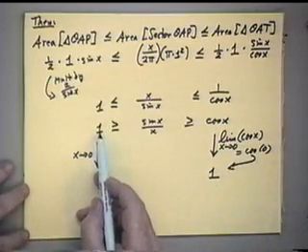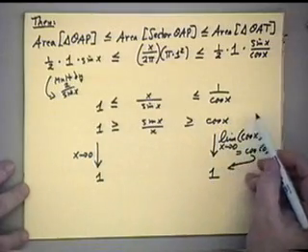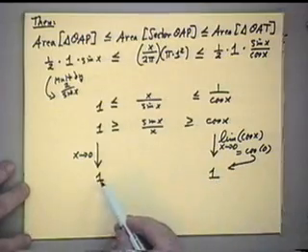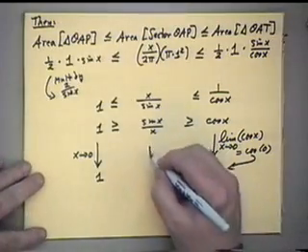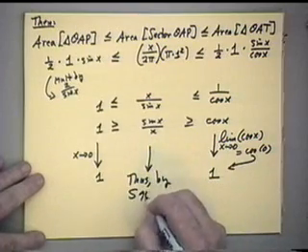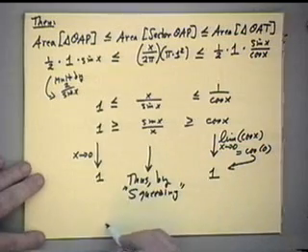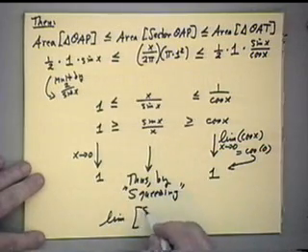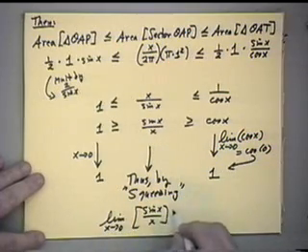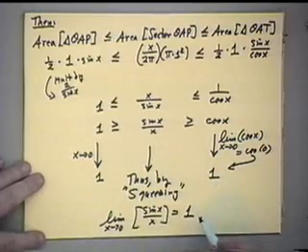Now, if you think of this left-hand side as the g of x from the original theorem, and this side is the h of x, then we have this f of x function caught between. Since the two limits here go to the same place, by the squeezing theorem, we get that the limit of sine x over x as x approaches 0 is in fact equal to 1, because it has to be the same number as the two ends.